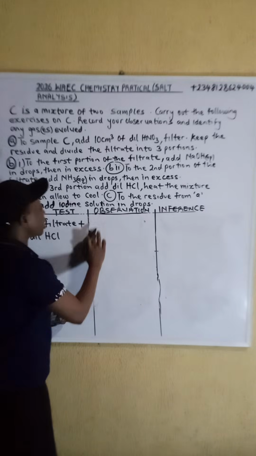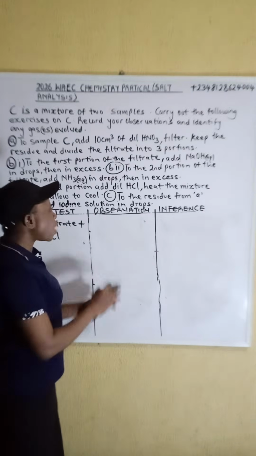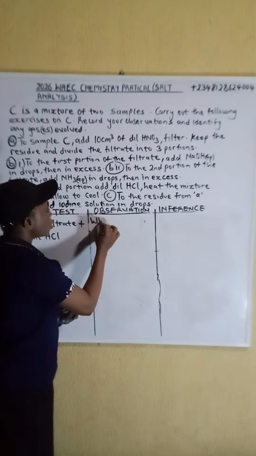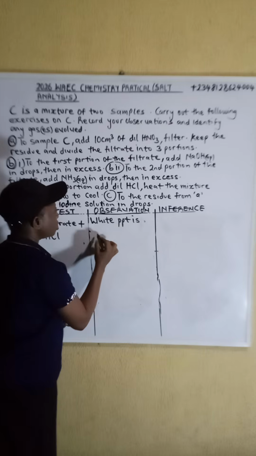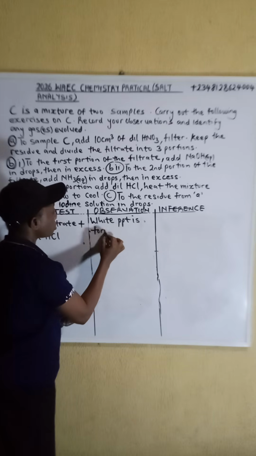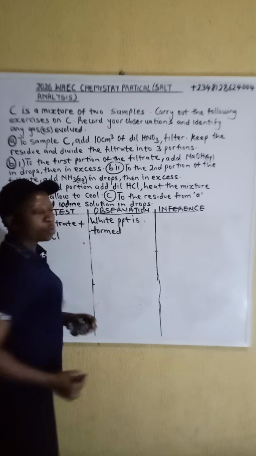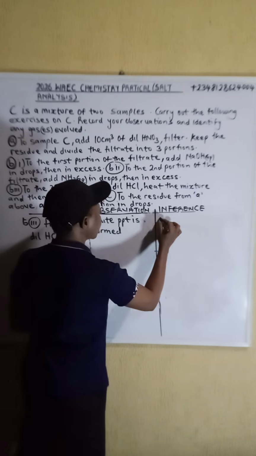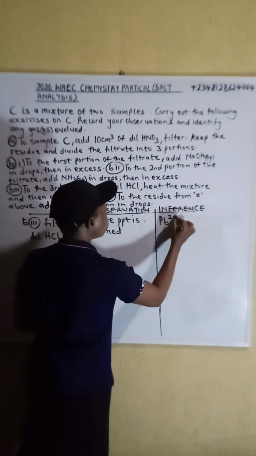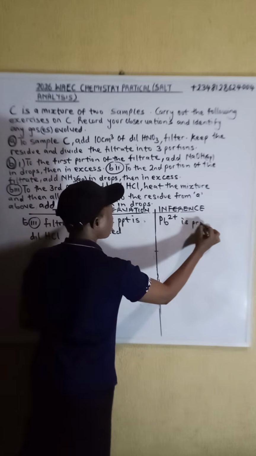So filtrate plus dilute hydrochloric acid will give us white precipitate. White precipitate is formed. Then what will be our inference? That will be Pb2+ is present.